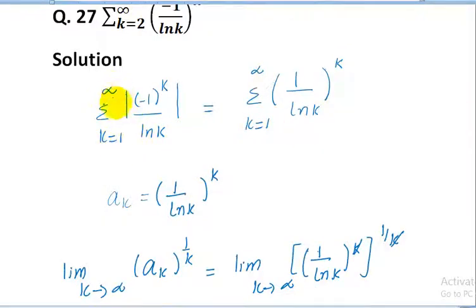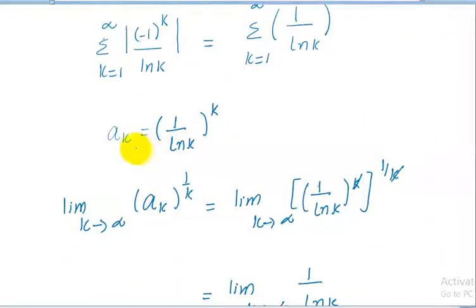The mod of minus 1 upon log of k to the power k is equal to 1 upon log of k whole power k. When we take the mod, the minus 1 power k disappears, as it gives positive and negative signs. So ak is equal to 1 upon log of k power k.